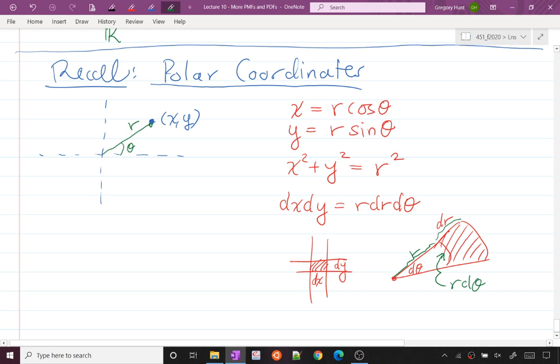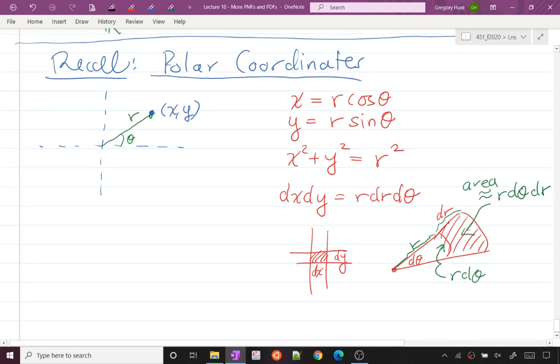That's just angle times radius gives you arc length. So the area, in a really hand-wavy way, is r d theta times dr, or r dr d theta. That's really hand-wavy. We could maybe justify that later in this course, or in an analysis course, where you'd rigorously justify that. But okay, 30-second review of polar coordinates.